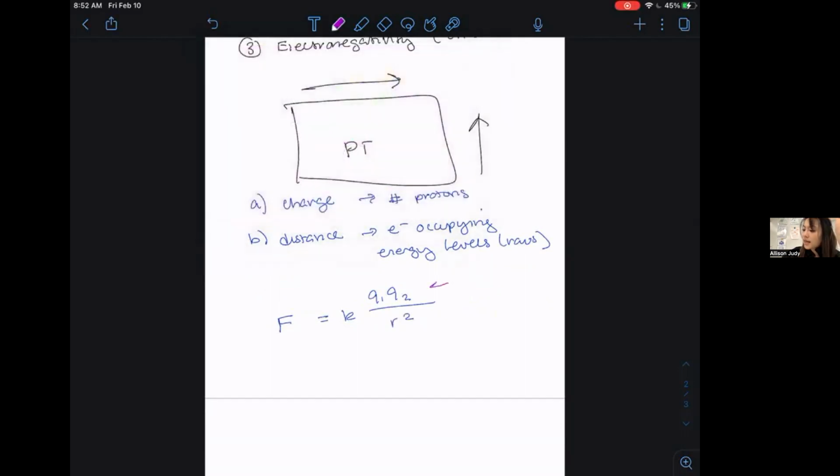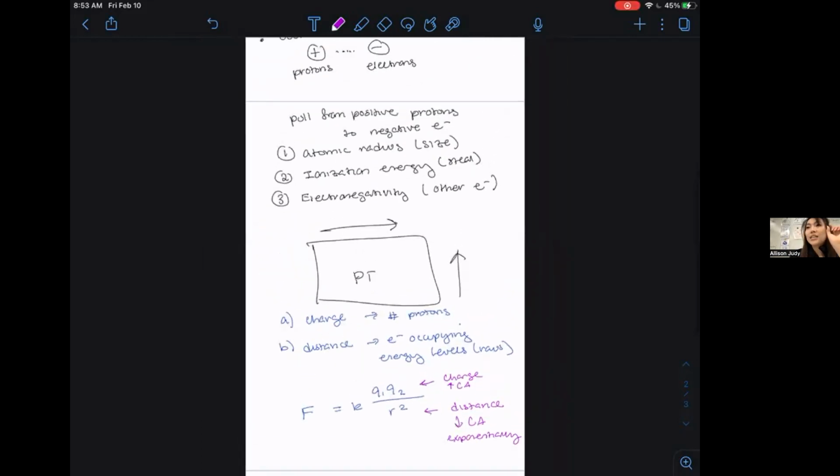What we see is that charge increases Coulombic attraction, but distance decreases Coulombic attraction exponentially. Those were the big ideas you were addressing. And then you had to verbalize it in such a way that it was obvious you knew more than memorization, more than just a mental picture of what she said in class. So that's my overview for you as we take today to get everybody on the same page.